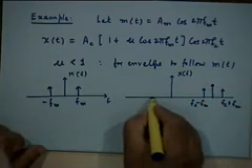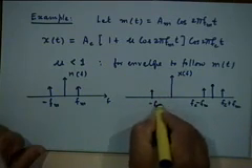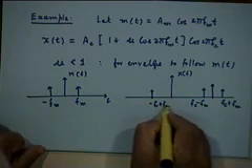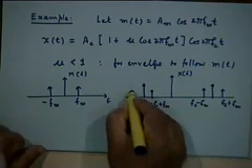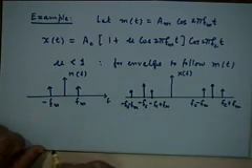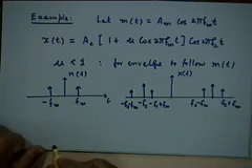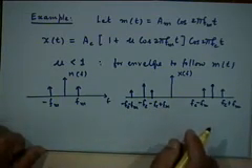Similarly, there will be components at minus f_c, minus f_c plus f_m, and minus f_c minus f_m, right. This is what the spectrum will look like for this signal.